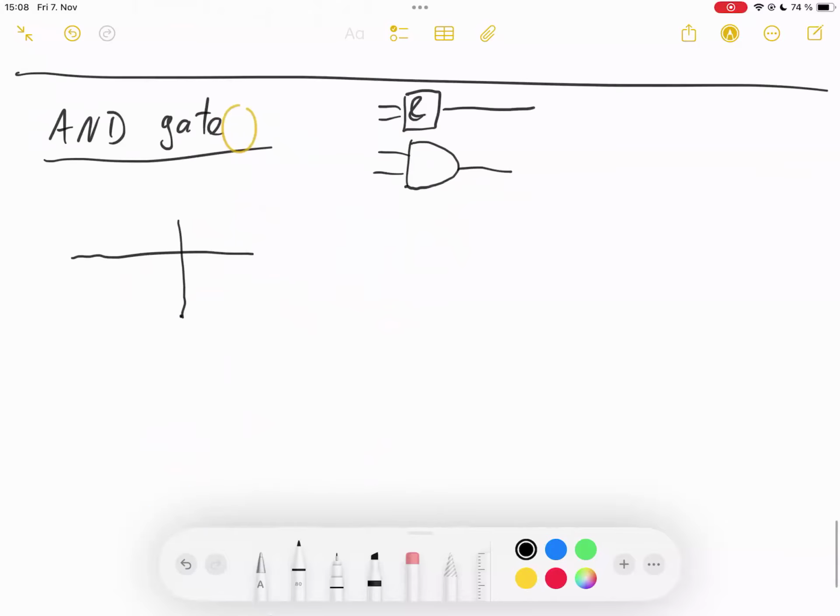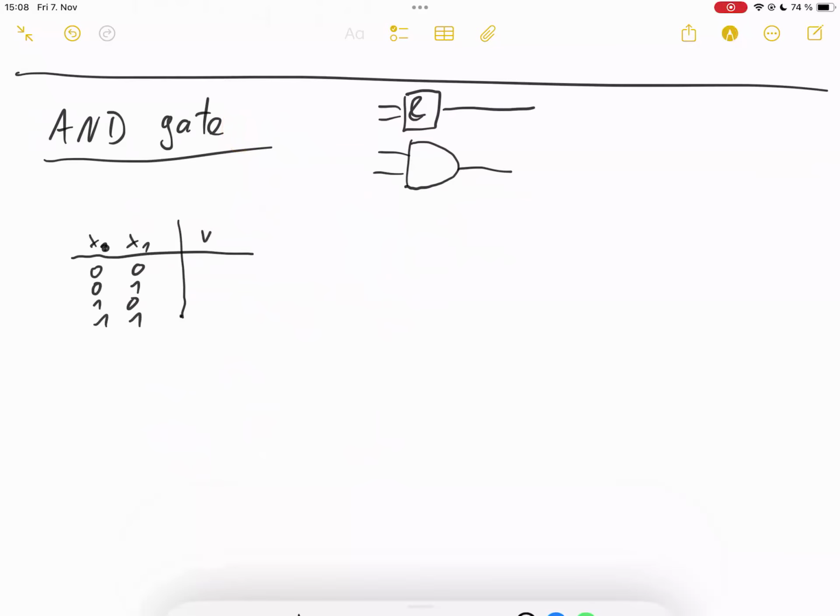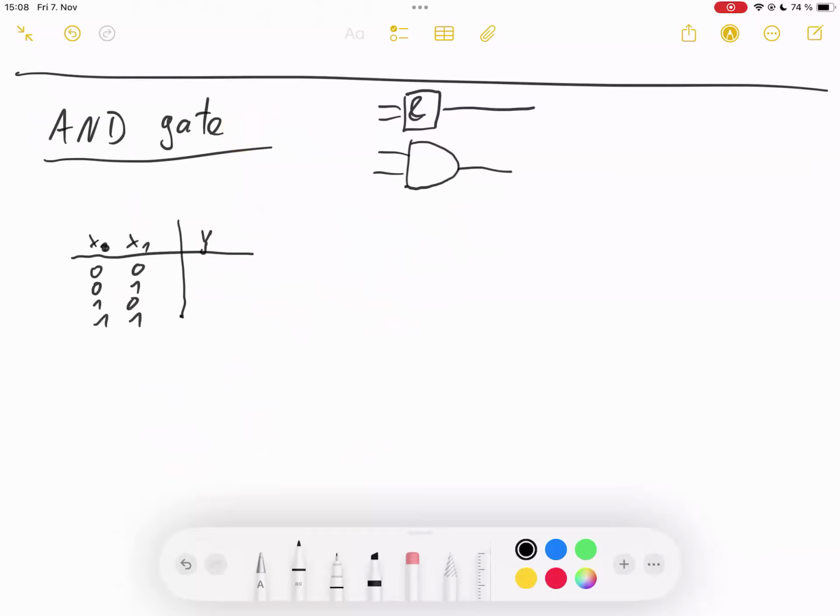So for all the gates now, we start with the logic one. So x0 and x1: 0, 0, 0, 1, 1, 0, 1, 1. And the AND gate will only be true if both inputs are true. So all the others here are 0. But only when we have a 1, 1 input, we have a 1 coming out.